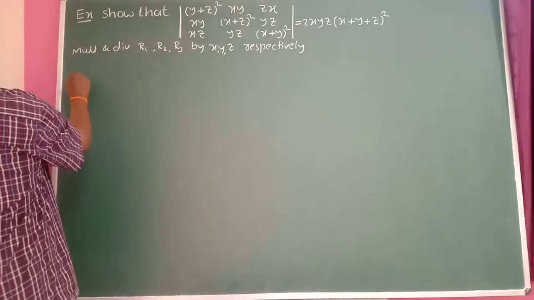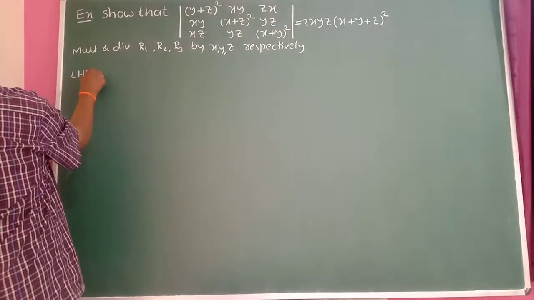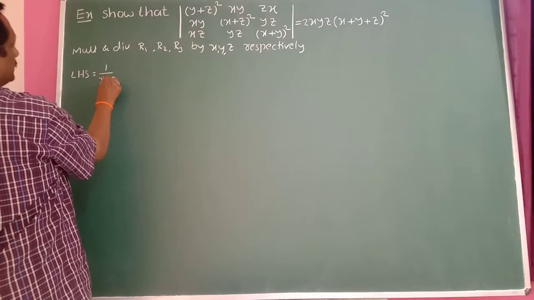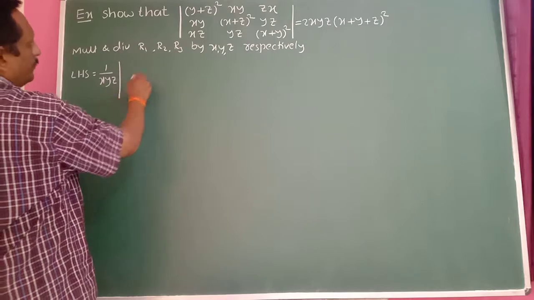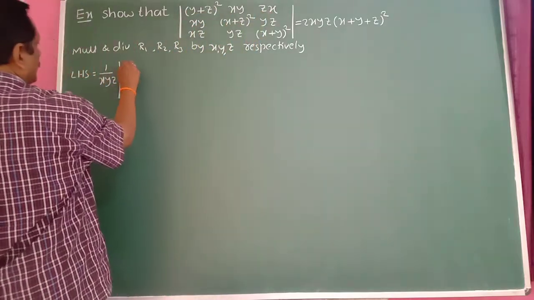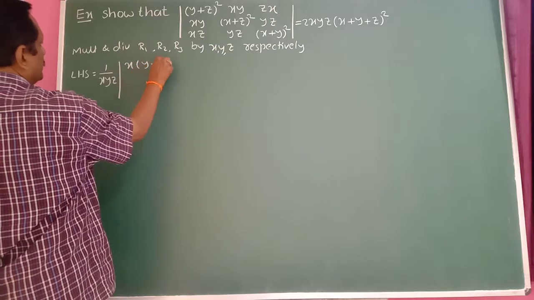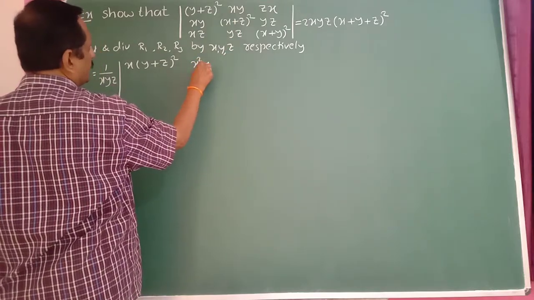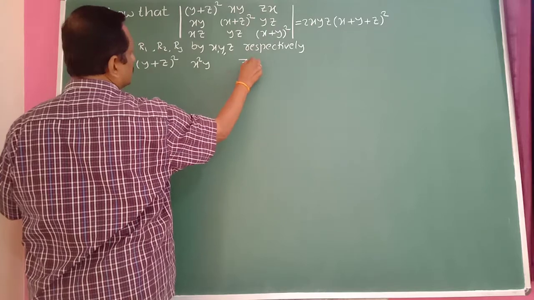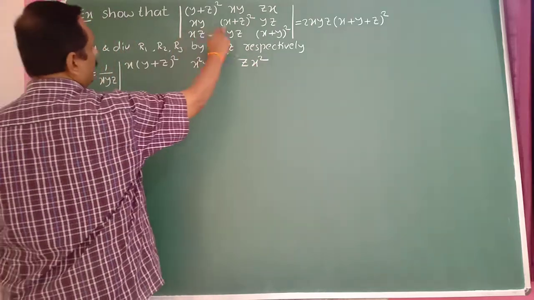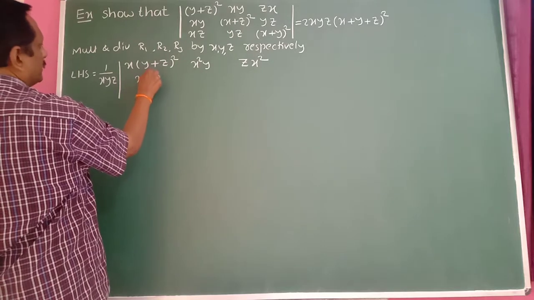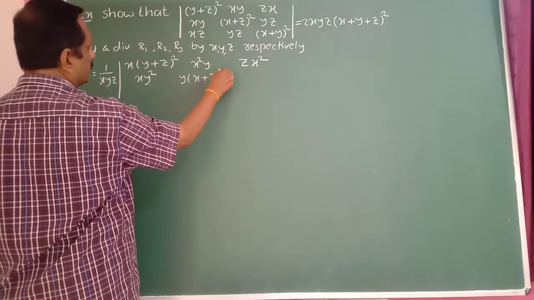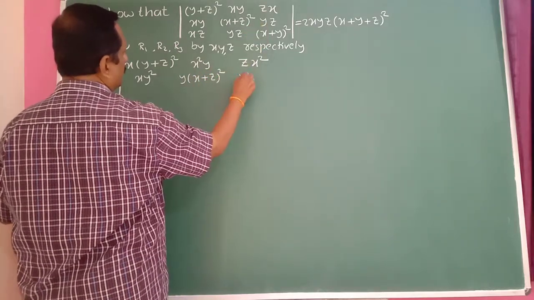So LHS, this determinant, is equal to 1 upon xyz into the determinant of, multiplying the first row by x: x into y plus z whole square, then x into xy becomes x square y, and zx into x becomes x square z. Multiplying the second row by y: xy square, then y into x plus z whole square, then y square z.